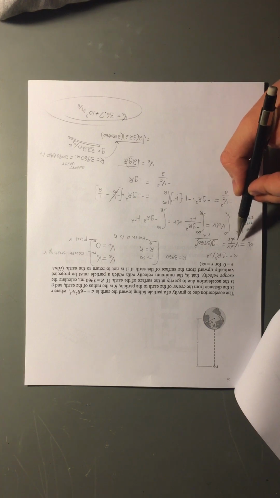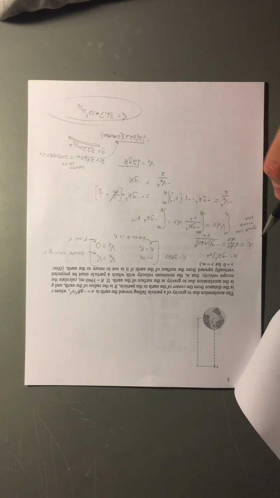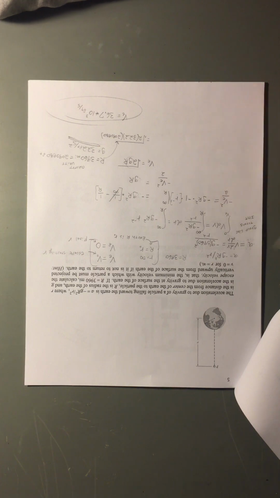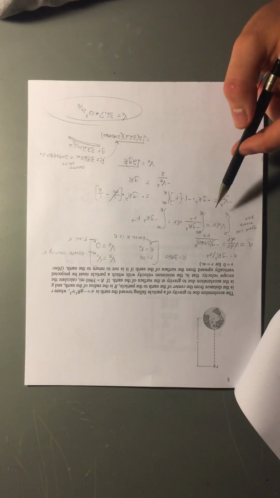And then from our class, we know that acceleration is equal to the velocity times dv dr, or the derivative of the velocity with respect to position, where in this problem our position is a radius denoted with dr. And so the first thing that we do is we want to put like similar things on the same side of the equal sign and then integrate. And so doing that, this is what we have.